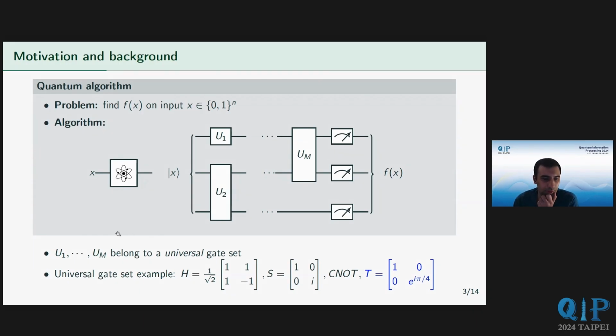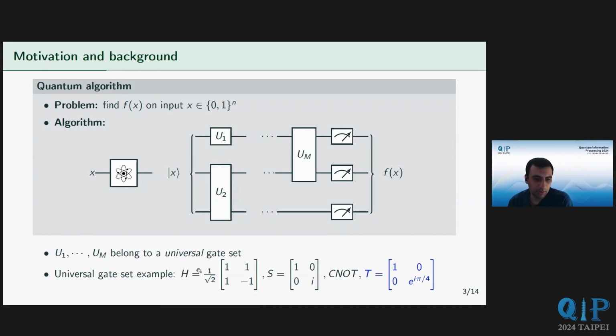An important property is that U1 to UM, your elementary gates, should belong to some gate set that has the feature of universality. This means that you can approximate any arbitrary quantum unitary with your gate set.